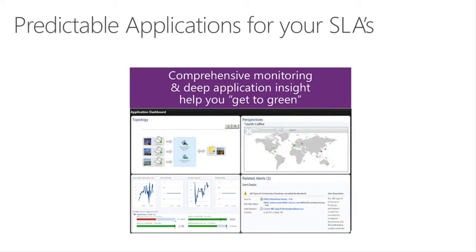Now, we've invested really heavily in the application performance management capabilities in System Center throughout the years, and especially in R2. And what we're going to talk through now is a small view of an end-to-end scenario which uses deep application insight to enable you to deliver predictable application SLAs to your business stakeholders.